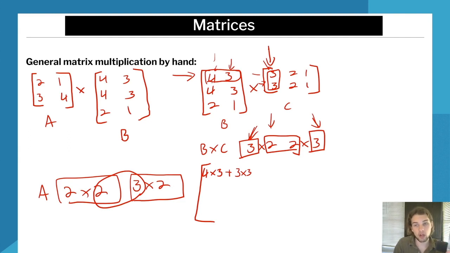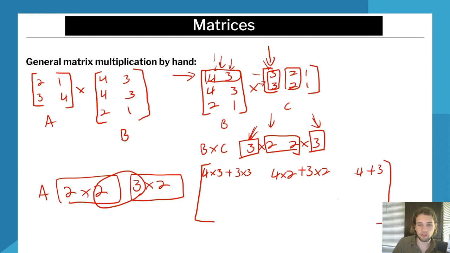We multiply the first row by the second column. So that's 4 times 2 plus 3 times 2. That's multiplying this by that this time. Now we want to get row 1, column 3. So that's over here. We want to do row 1 times column 3. So that's 4 times 1 plus 3 times 1.